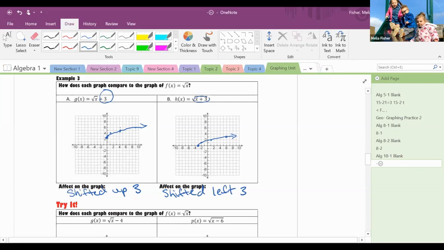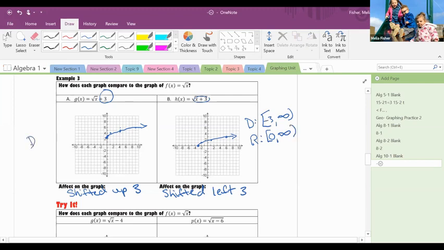Now, the domain then changes on this one to be from -3 to infinity, and the range is still from 0 to infinity. With brackets.